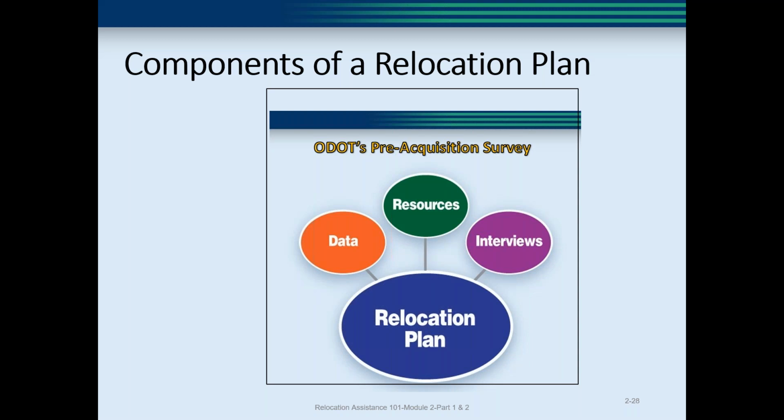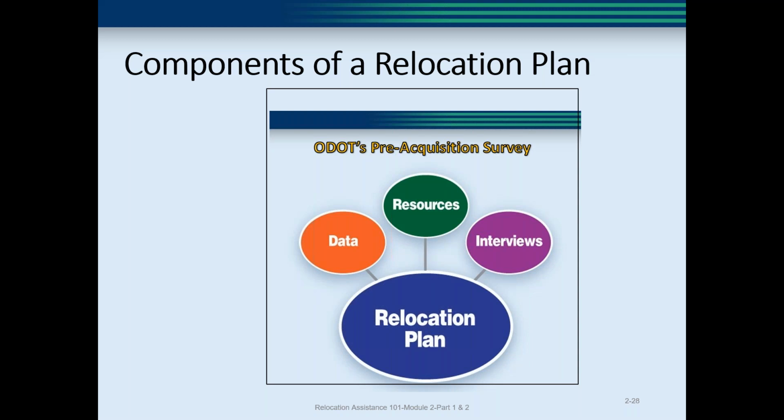The analysis should include several distinct steps, which involve collecting data, identifying resources, conducting interviews, and it should also contain information about the project schedule, the project cost estimates, and whether other projects in the area will result in concurrent displacements, which would affect the supply and demand for replacement properties.